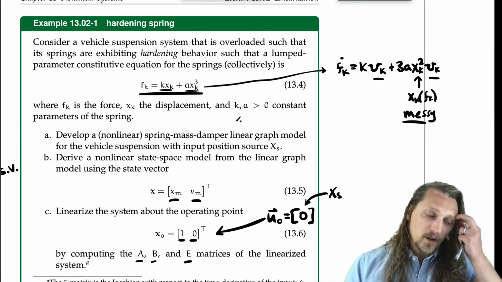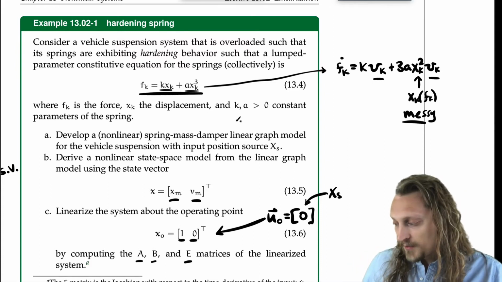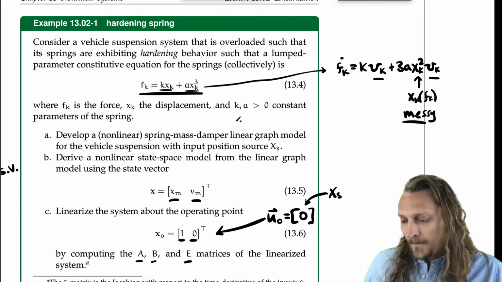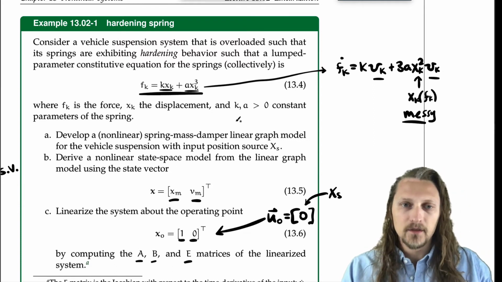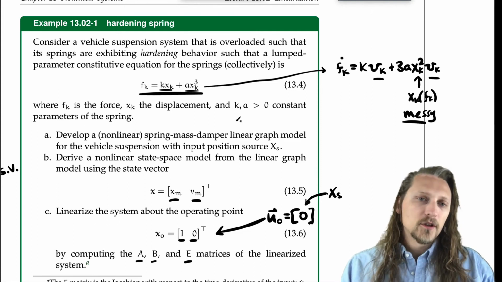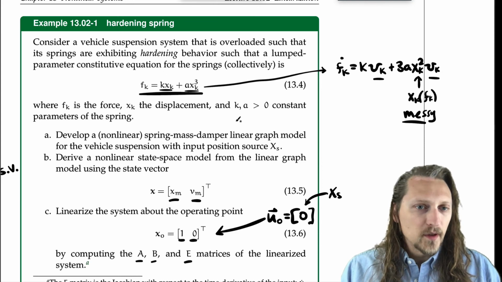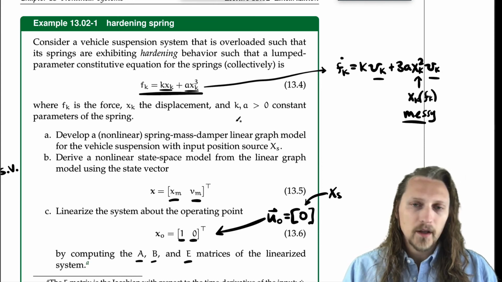That's actually a much easier way to go if all you're looking for is the linearized model. But I want to also highlight the fact that if you do that, then you won't get the nonlinear state space model, which is actually pretty valuable. So that was kind of all I had for this.